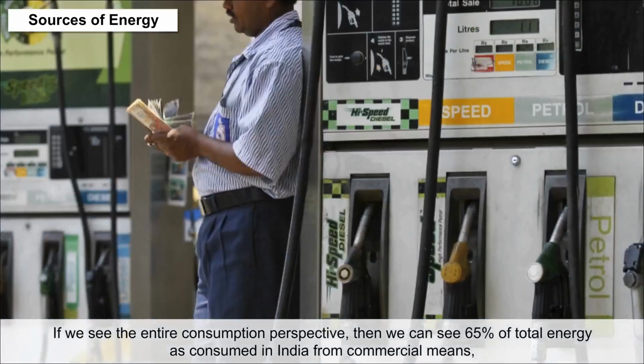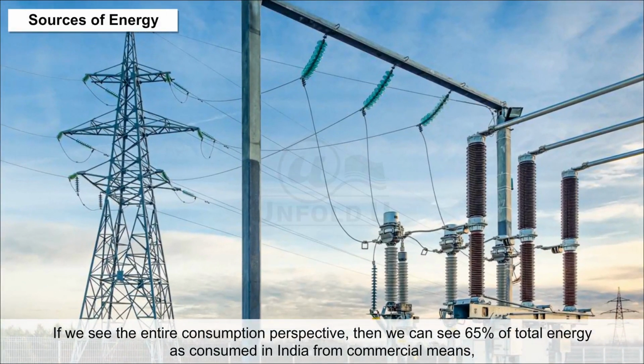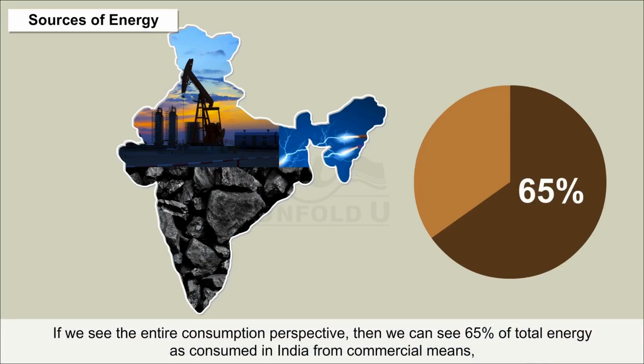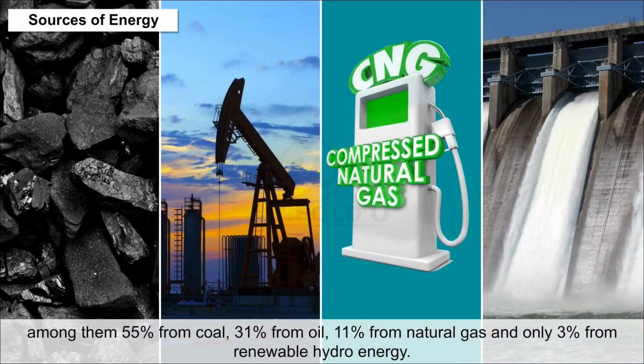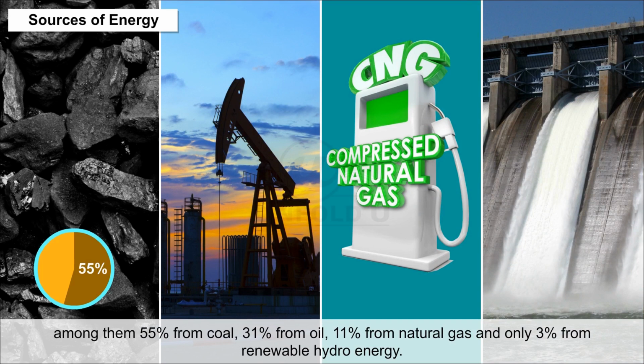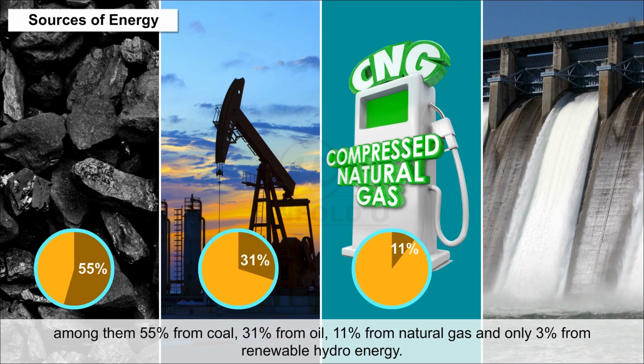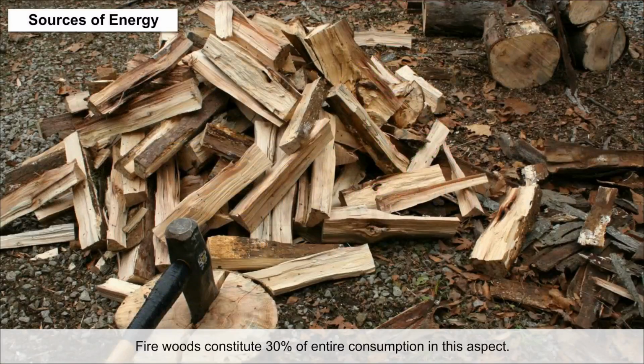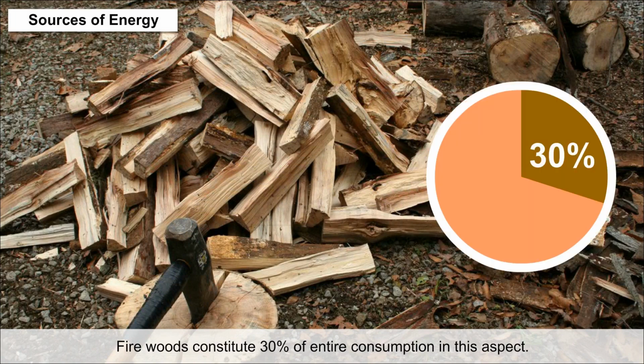If we see the entire consumption perspective, then we can see 65% of total energy is consumed in India from commercial means. Among them, 55% is from coal, 31% from oil, 11% from natural gas, and only 3% from renewable hydro energy. Firewood constitutes 30% of entire consumption in this aspect.